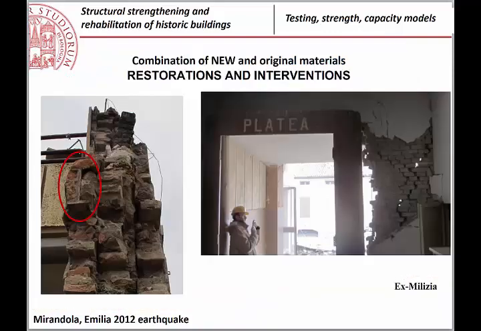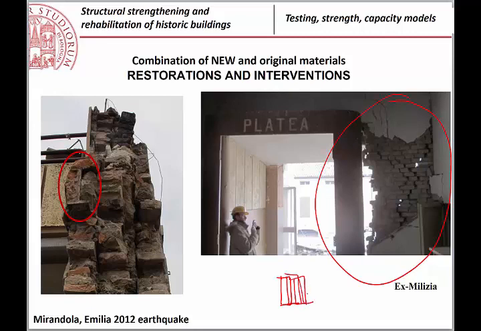Or, for example, other problems related to some new intervention that just cut part of the masonry, putting some beams, etc. Or, for example, you see here, this is a wall realized with the bricks put in this direction instead of the other direction, because they had to do 25 centimeters, and it was much easier to put the blocks in this way.